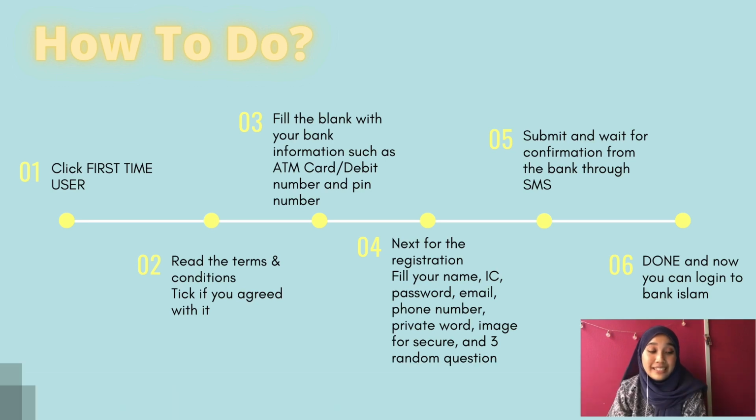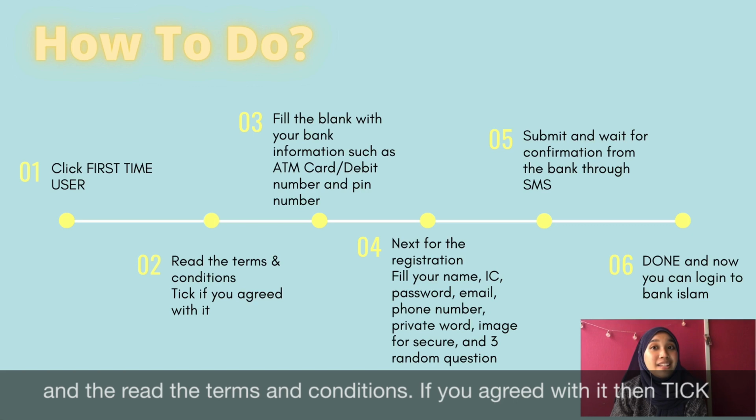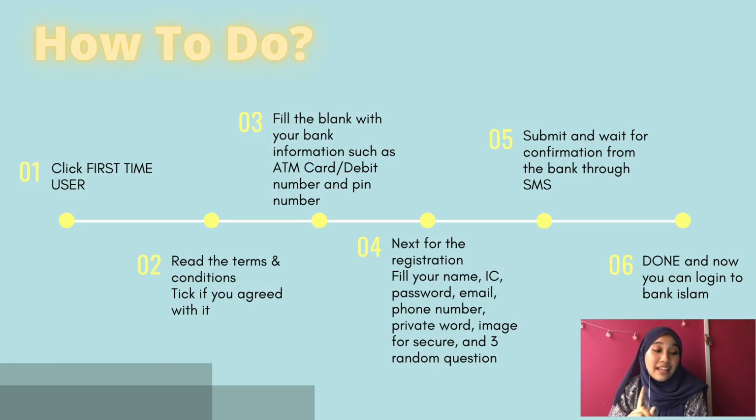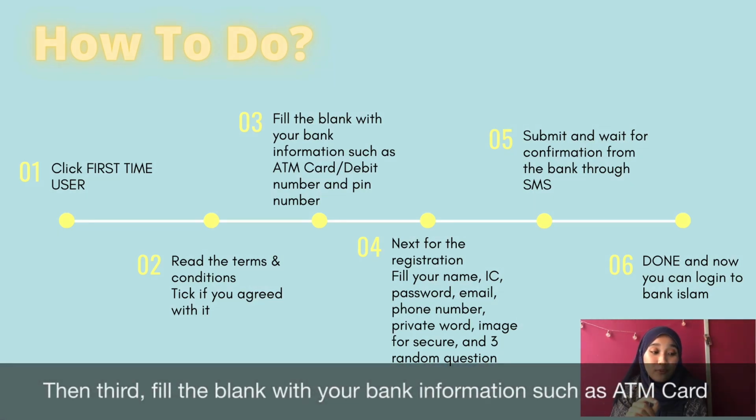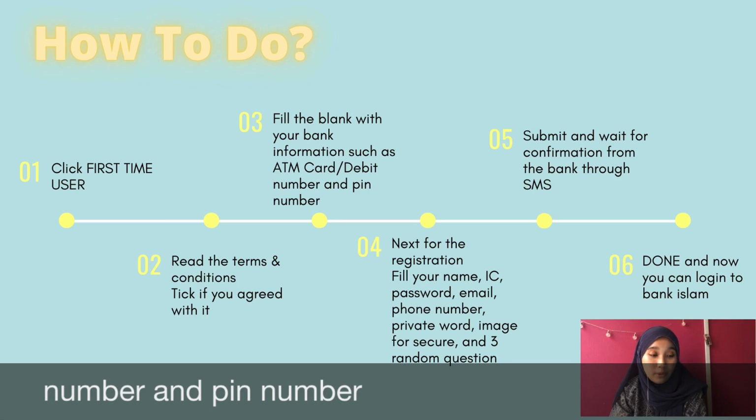Okay, so how to do it? First, click first time user, and then read the terms and conditions. If you agree with them, then tick. Fill the blanks with your bank information, such as ATM card number and PIN number.